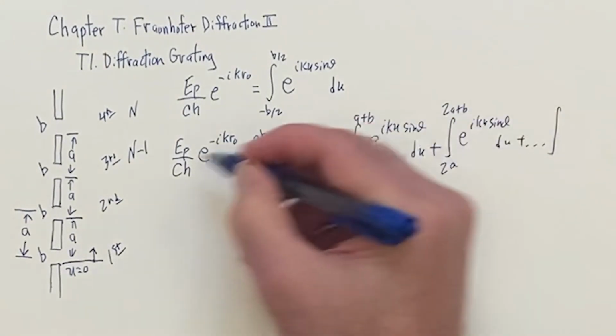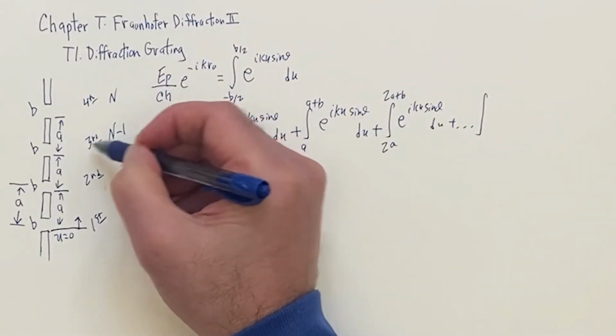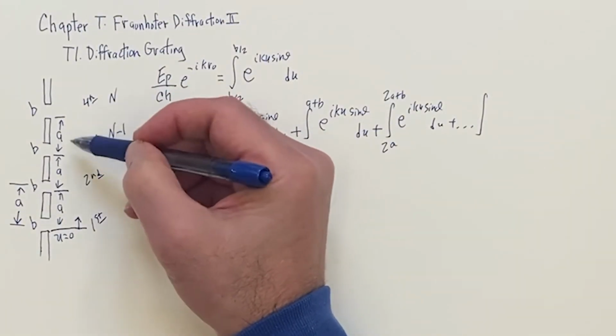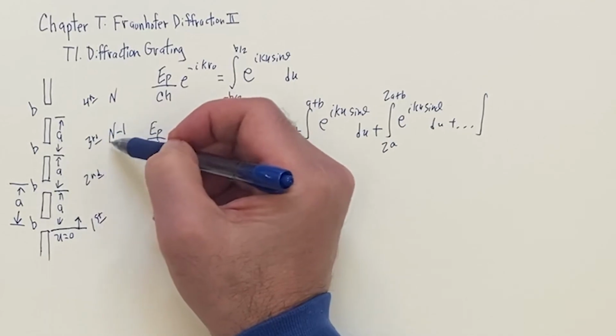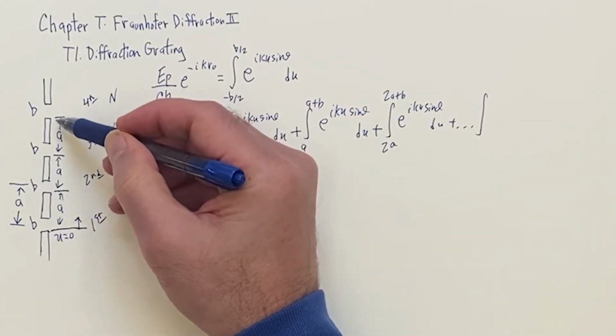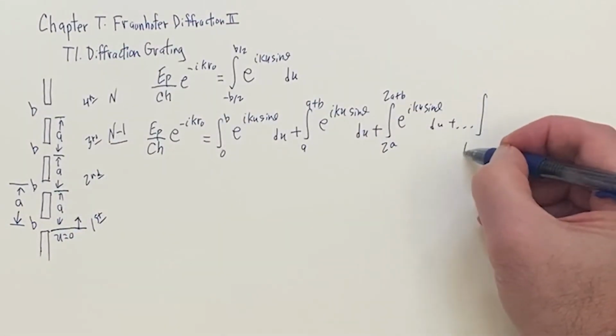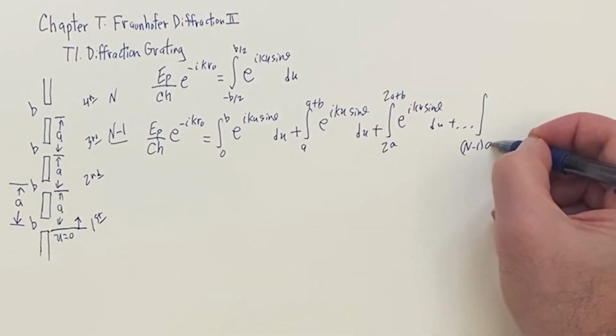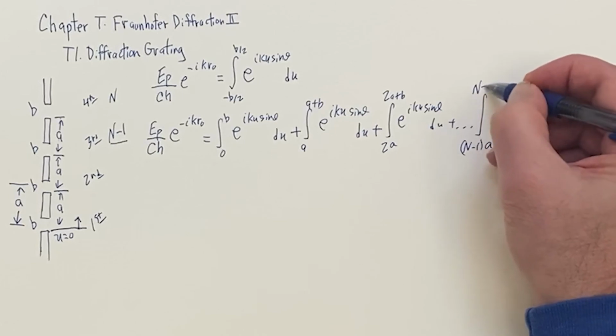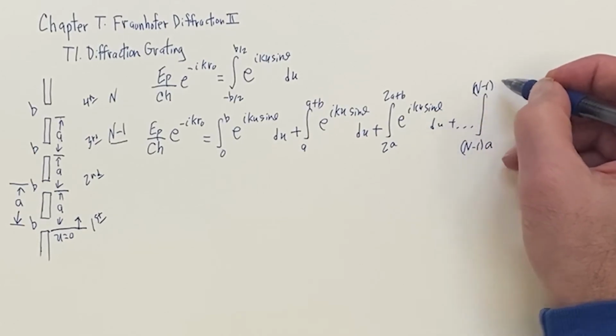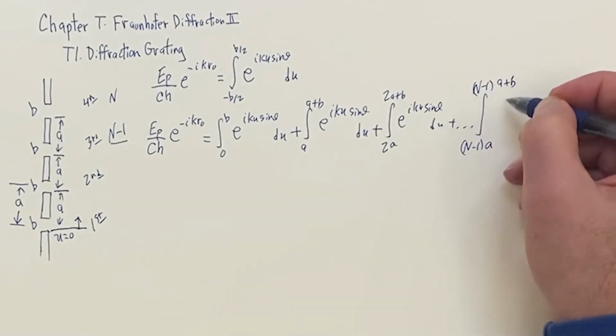And the last one is going to be from here. This is going to be 1, 2, 3, n minus 1 a to that point plus a. So here's n minus 1 a, and then we're going to n minus 1 a plus b.